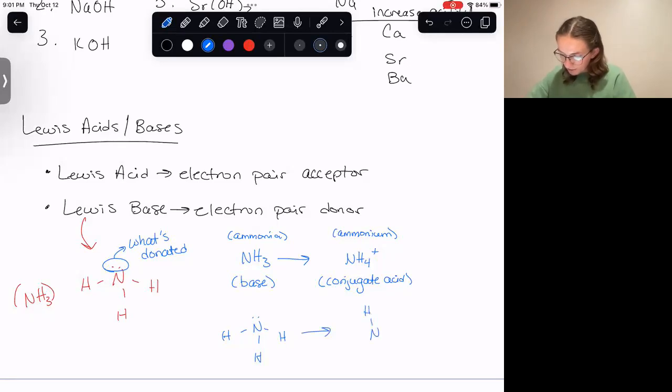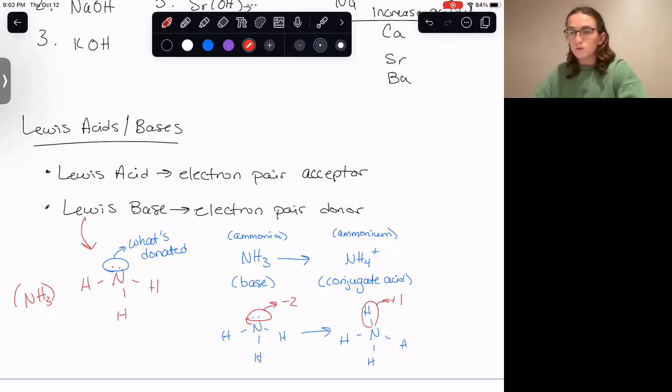But now we have an extra H on our nitrogen, and that H has a positive charge associated with it. So when we donate that lone pair, we lose the negative charge, but we gain a +1 from that hydrogen. So we end up with NH4 plus. The electron pair is being donated and replaced with a hydrogen instead.